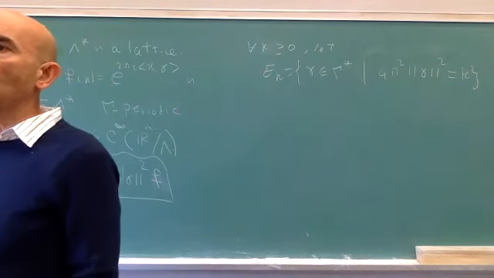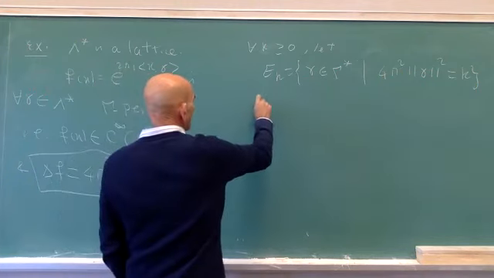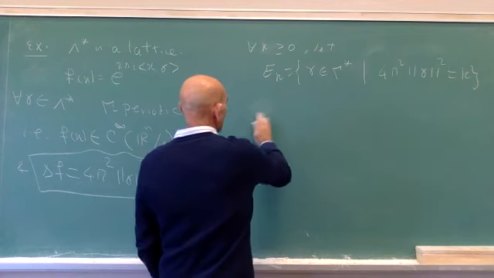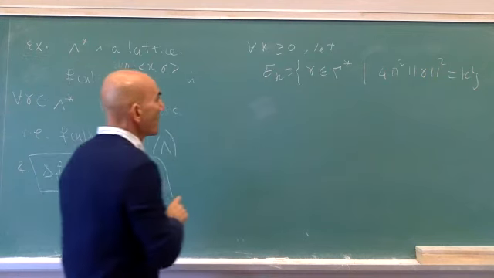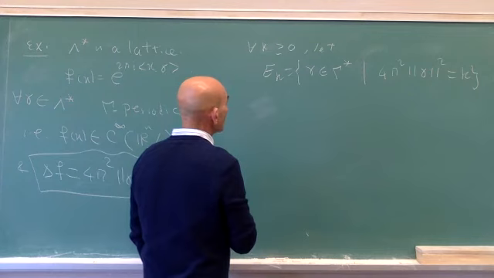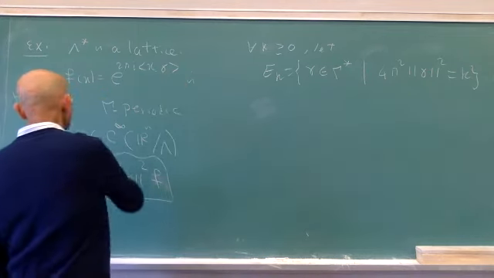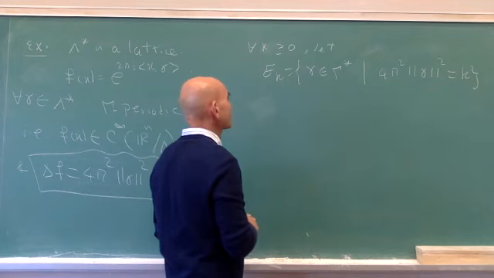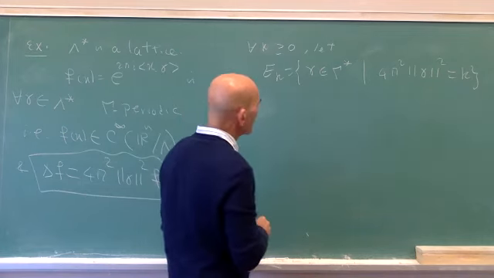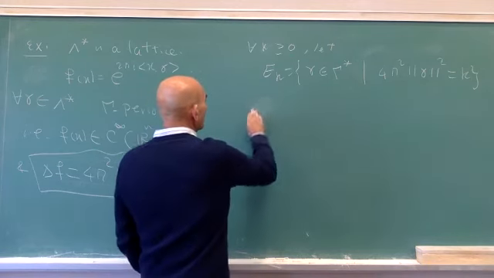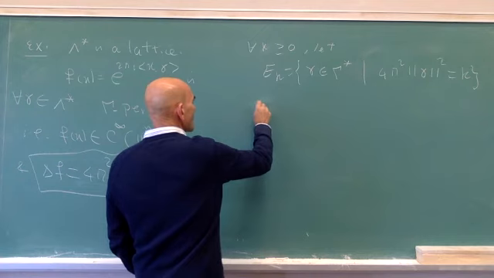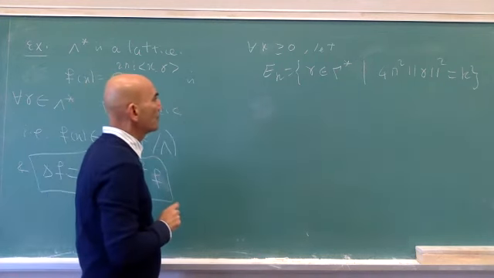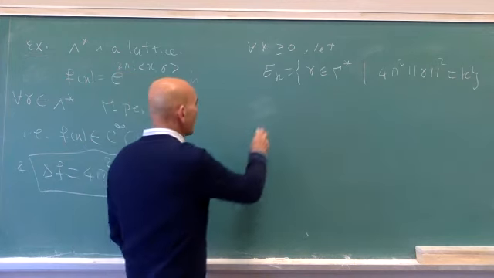So this E_k is an eigenspace for... what I'm saying is that it's not the set of all gamma such that... So this kind of conflicts with my earlier notation, and I don't want to be in conflict with my earlier notation.